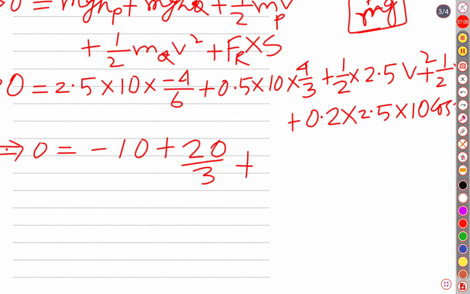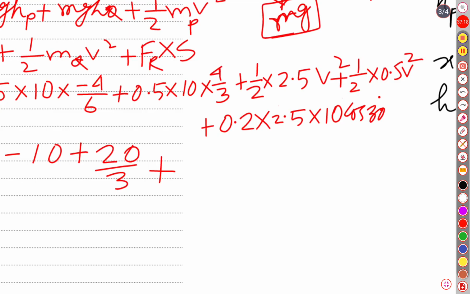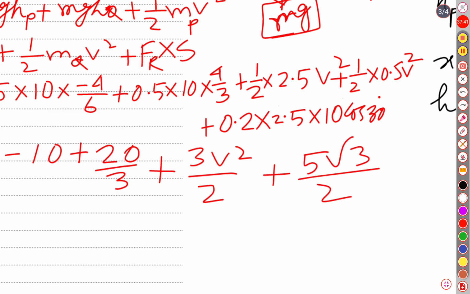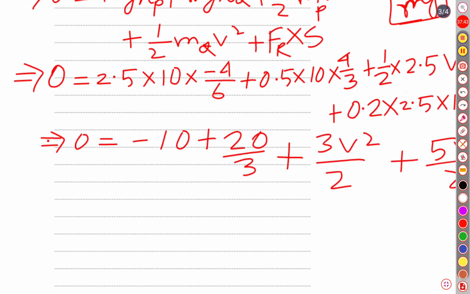Then plus 2.5 v square plus 0.5 v square, so 3v square over 2. Then plus our resistance force, it is 2.5 and 10, 25, 25 into 2, that is 5. So 5 cos 30 means actually root 3 over 2. So this is what our quantities are.